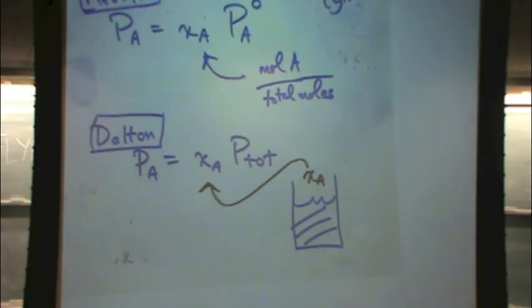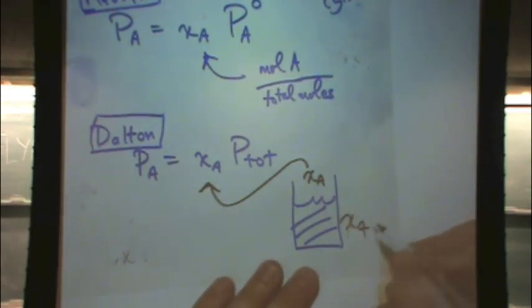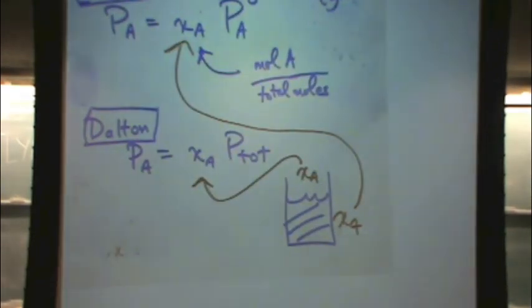Now let's get a different color pen. The mole fraction of the liquid is represented by Raoult's law. So if you calculate the mole fraction of the liquid, we're talking about Raoult's law. That's the difference between Raoult's law and Dalton's law: it's where you get the mole fraction, from the gas or the liquid below it. Okay?